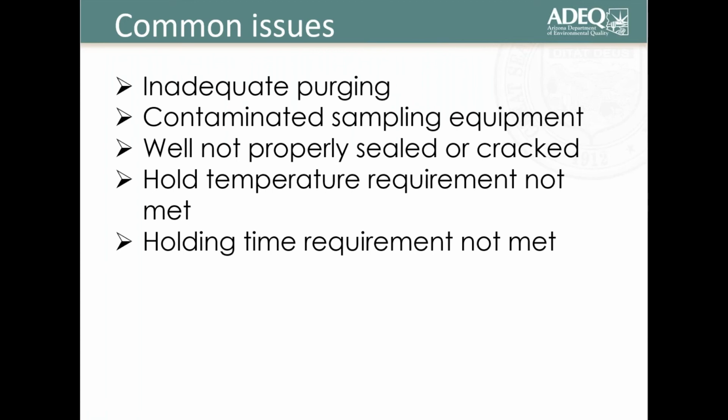And so it's very important to use clean gloves and clean sampling equipment. Even the cooler that you use to transport those samples needs to be clean. That's true not only with coliform and fecal coliform bacterial analyses, but the same for VOCs.